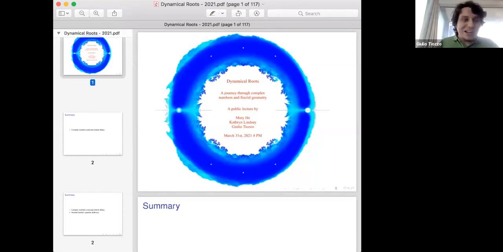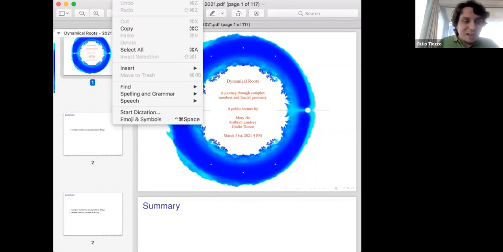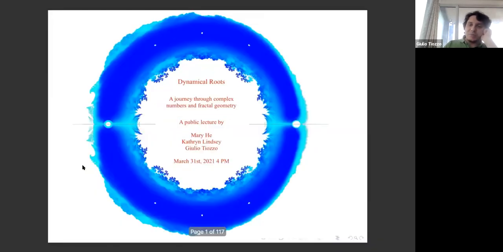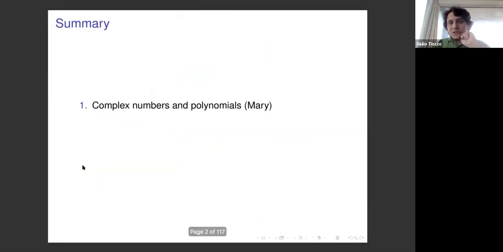So now we can come to the more scientific part of the program, where we can actually define some things in a more mathematical fashion. In fact, the summary of today's talk is that there will be 3 parts. The first will be an introduction or recall for many of you about complex numbers and polynomials by Mary.